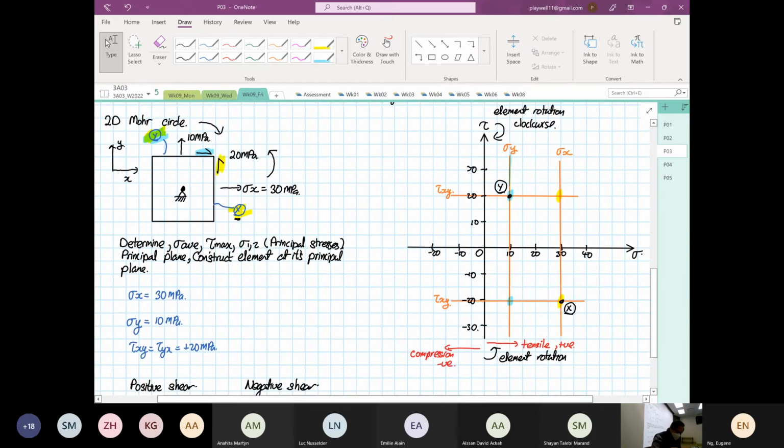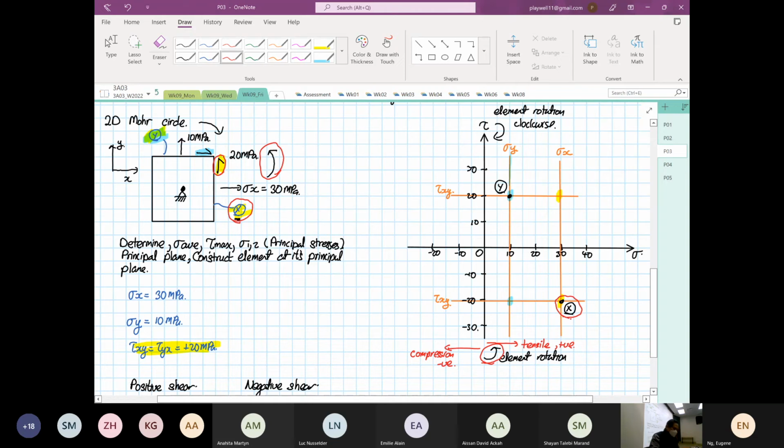Why do I mean by that? Because if you look over here, we call this shear configuration positive 20. But in fact, if we look at point X, the shear is going to generate an element rotation of anti-clockwise. So this corresponds to element rotation anti-clockwise. That's why X is down here.